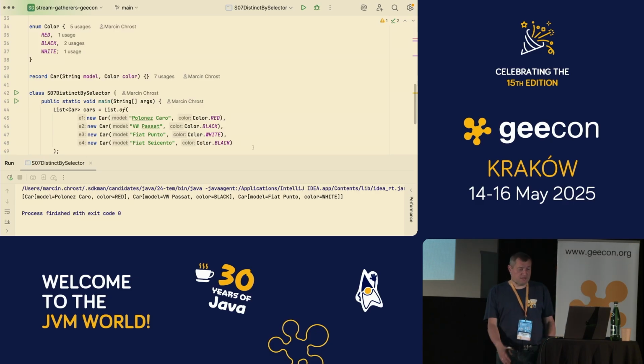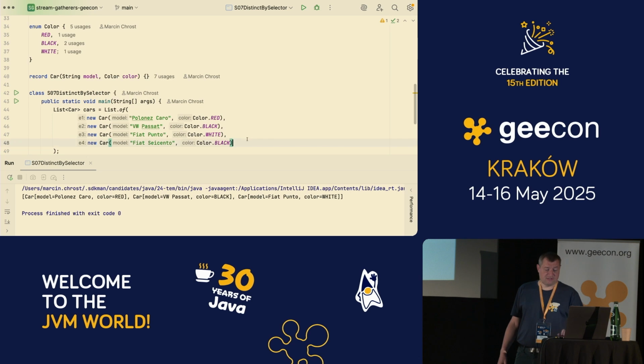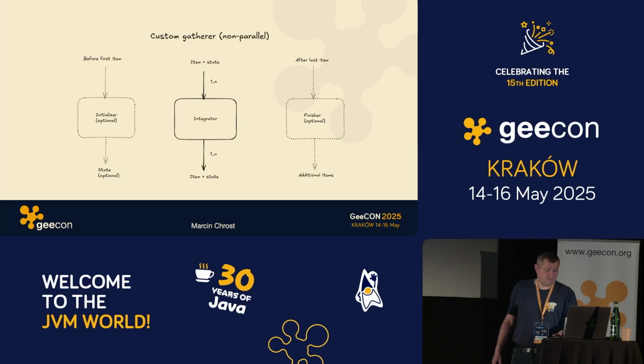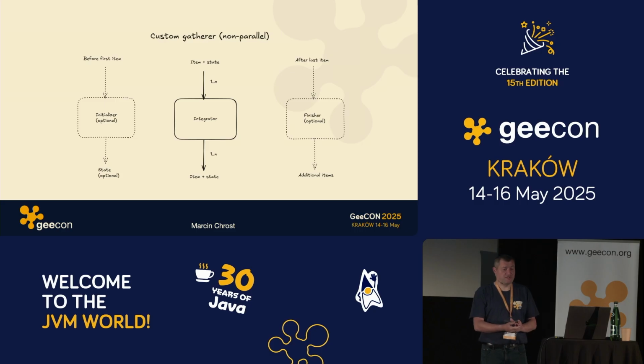The last part I would like to talk about in this presentation is the finisher, because why can this be used? What's the purpose of the finisher in non-parallel gatherers? Because okay, we have the state initializer, we are emitting the elements, but why is there a finisher?